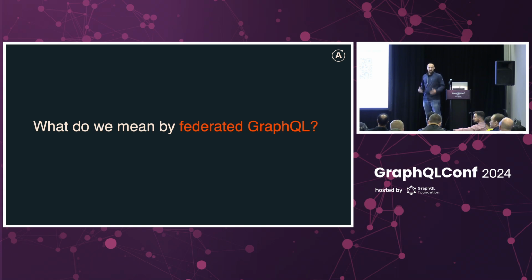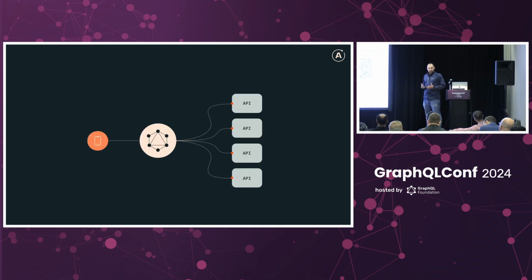We at Apollo had been working on Apollo Federation for many years, but over the years, Federation had become increasingly popular, and some other folks in the community had also started thinking about approaches to federated GraphQL.